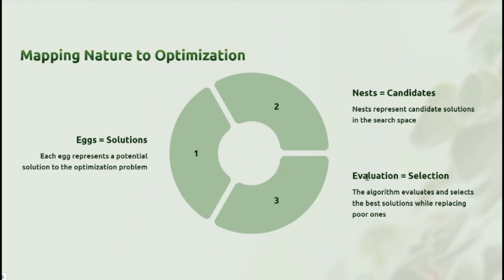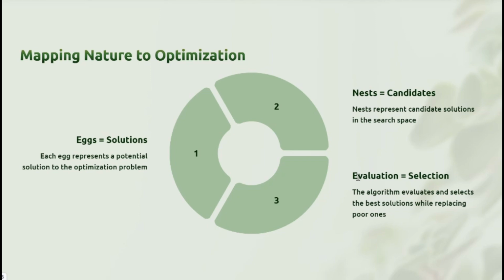And the evaluation is based on the function that is given, which helps us to evaluate the fitness and select the best solution while replacing the poor ones. There are three basic rules in cuckoo search algorithm. First, each cuckoo lays one egg at a time and dumps its egg randomly in a chosen nest. The second rule is that the best nest with the highest quality of eggs will carry over to the next generation.